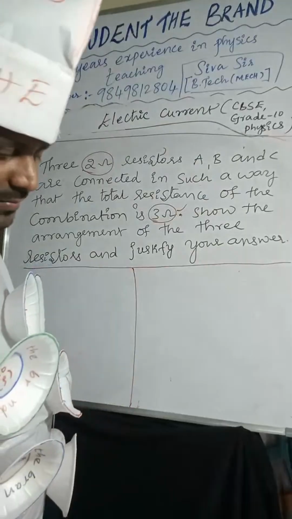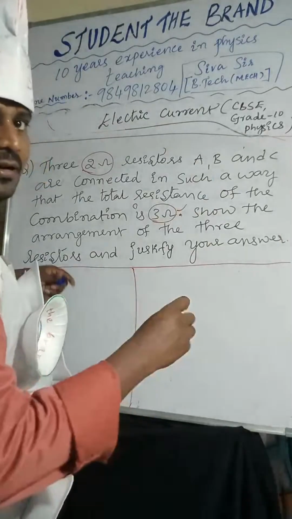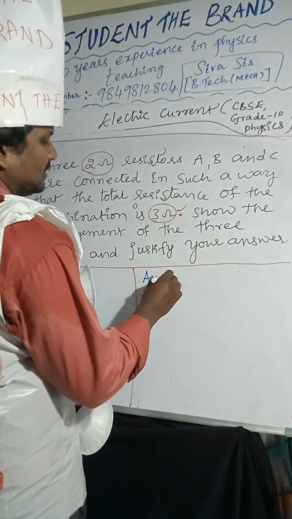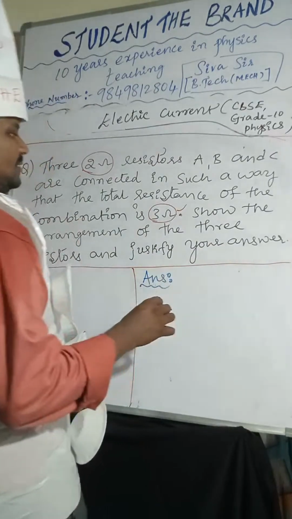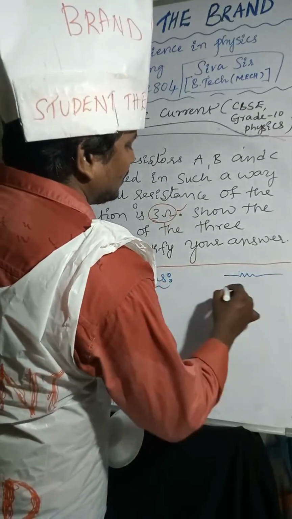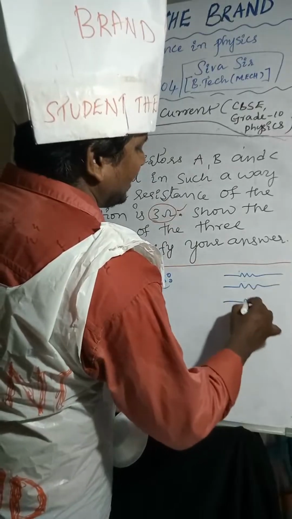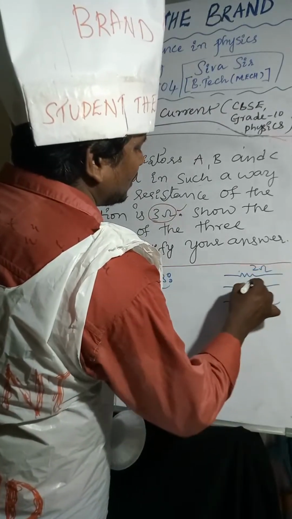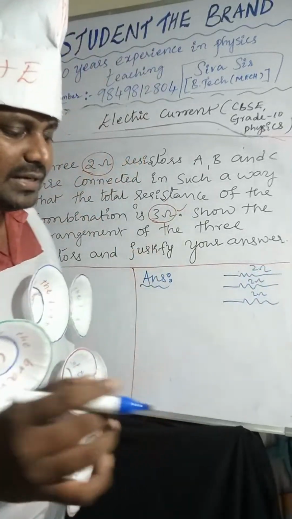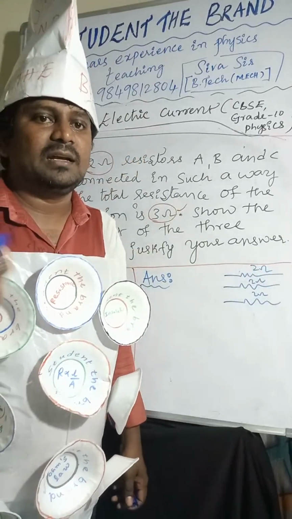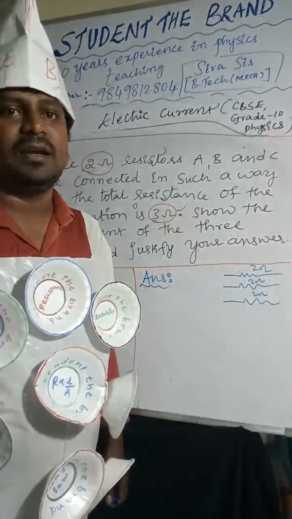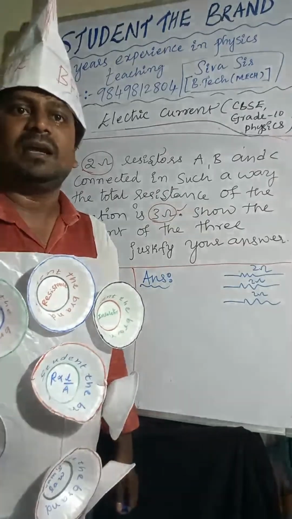Great. Now you can see here the answer. For the 3 ohm resistance, I'm taking 1, 2, 3 resistors: 2 ohm, 2 ohm, and 2 ohm. These 3 resistors are given, and you can connect them however you wish, in any way.